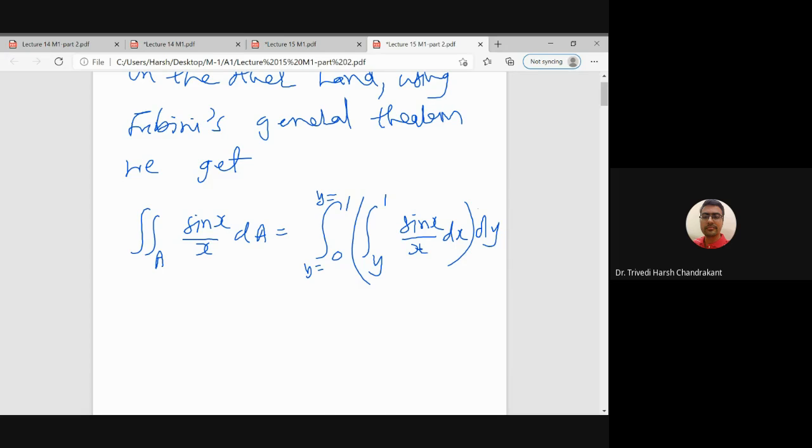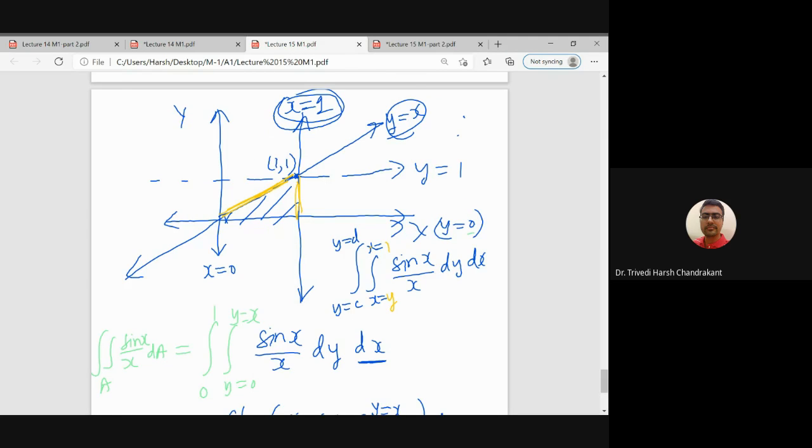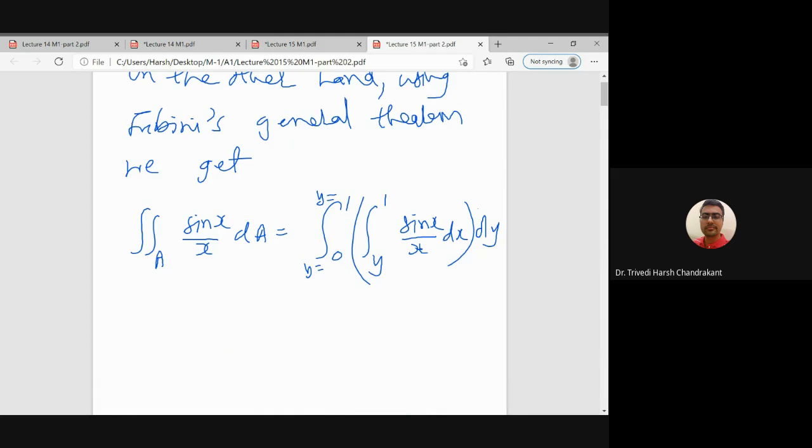That is exactly the limit of x from y to 1. So now the question is, can we find this integral? We need to integrate this function with respect to x. This function does not have an antiderivative, right?